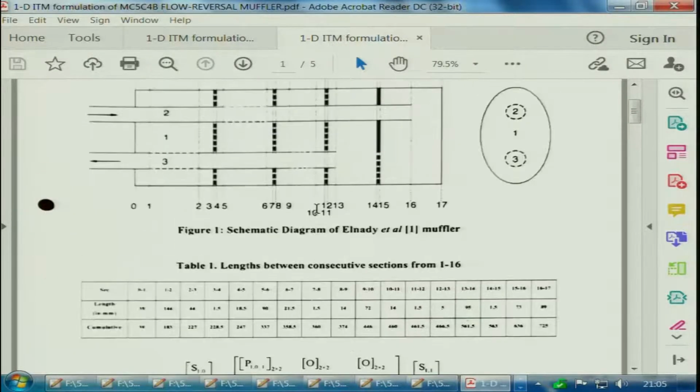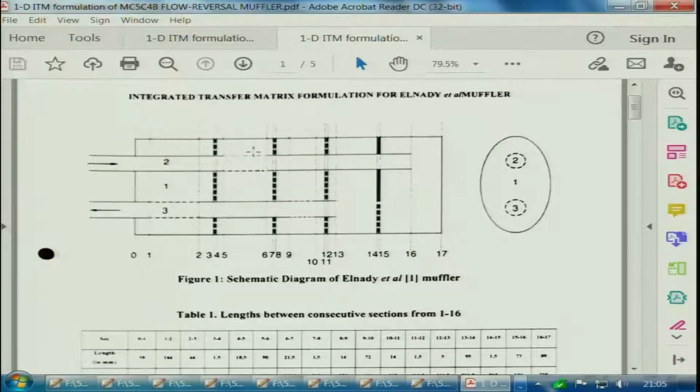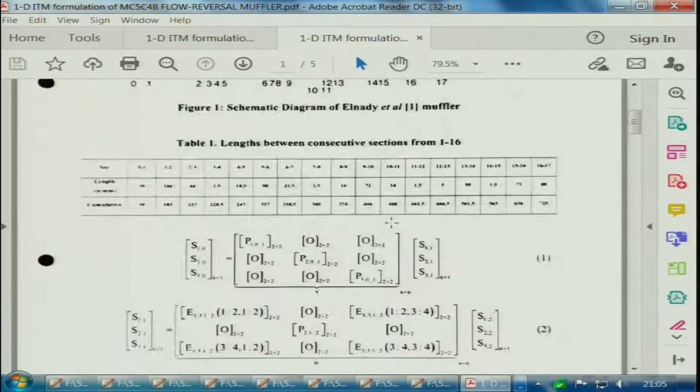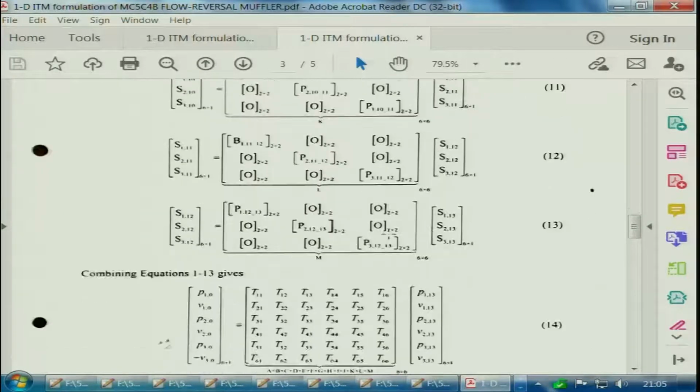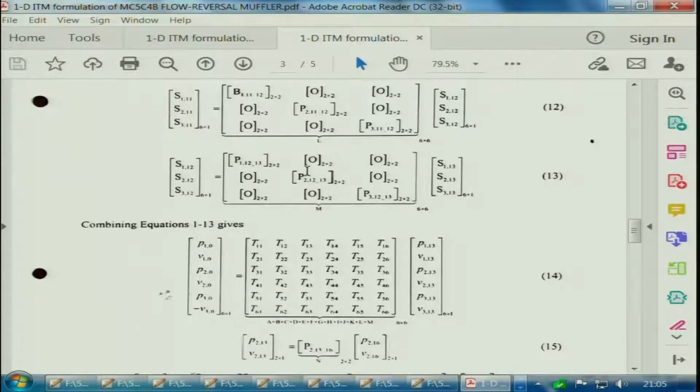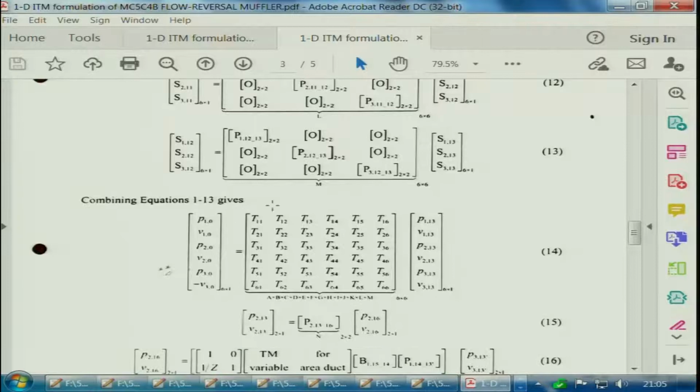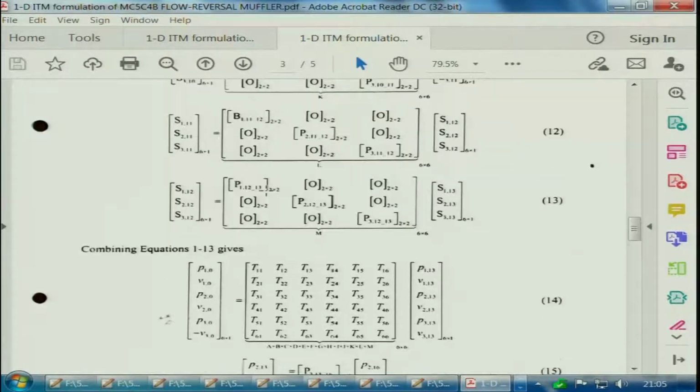Following in this fashion, we get this coupled matrix, and we keep going until finally we reach section 14 to 15, I am sorry, 11 to 12, 12 to 13.